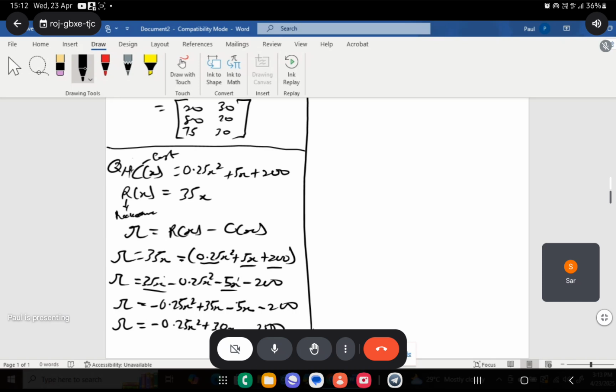This profit becomes equal to minus 0.25x squared plus 30x minus 200.